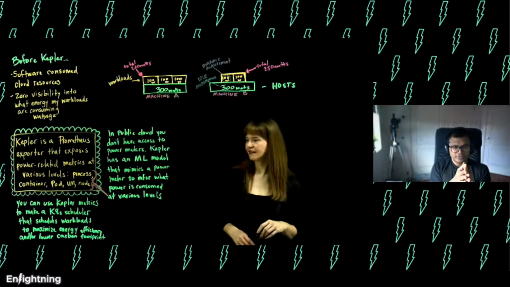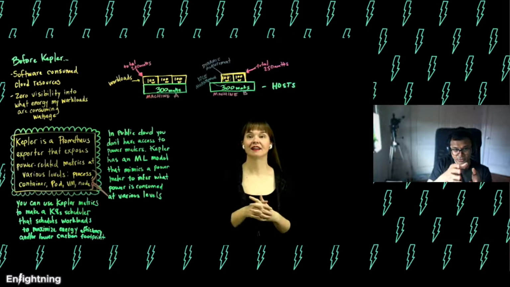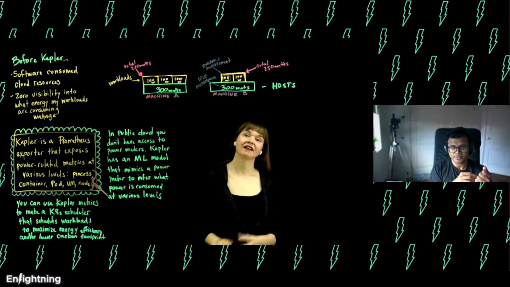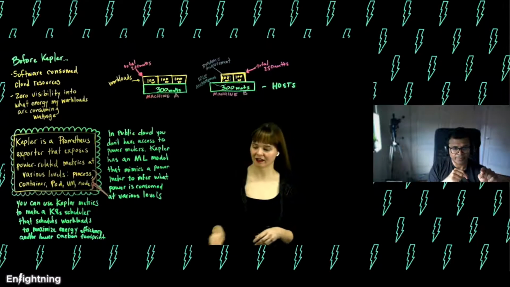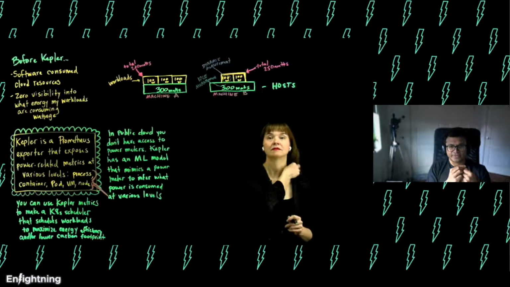Got it. So let's take a scenario where you have a Kubernetes cluster, and every node in that cluster is a virtual machine. When you deploy Kepler onto it, you deploy Kepler to every single node. Does it run as a daemon set? It's a daemon set, yes.